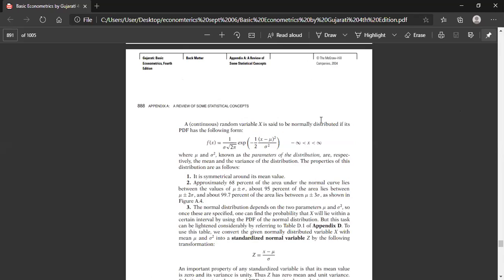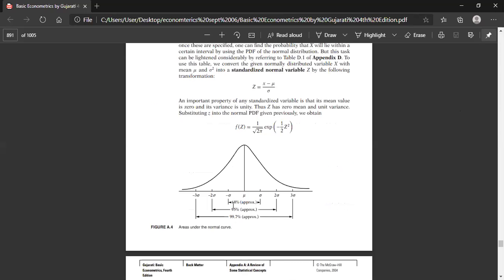Take a definite integral of the function. If you know mu and sigma square, you get the probability. Or if you have this graph, you get the area under the curve between those 2 values of x.